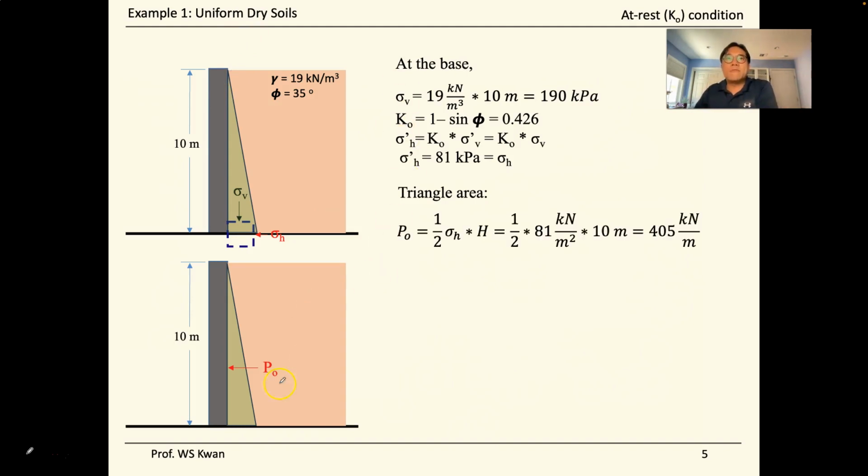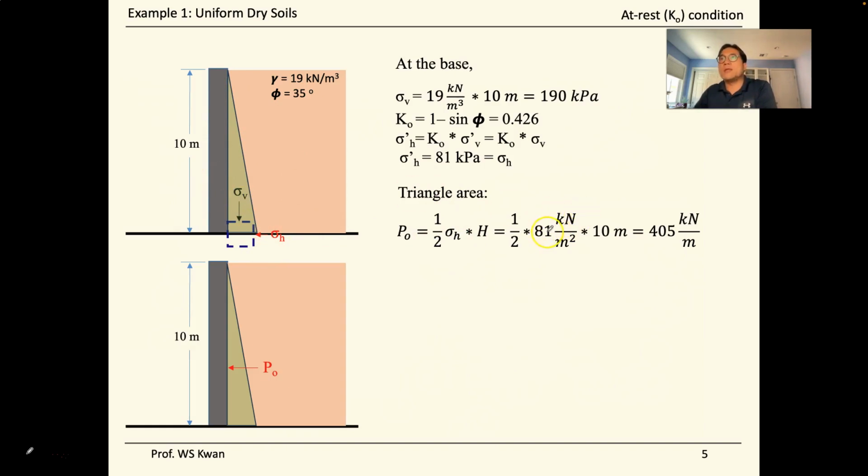So the resultant force equals the area of this triangle here, 1/2 the horizontal stress, which is the x dimension here, and the y is the height. So this green triangle is 1/2 horizontal stress times the height.